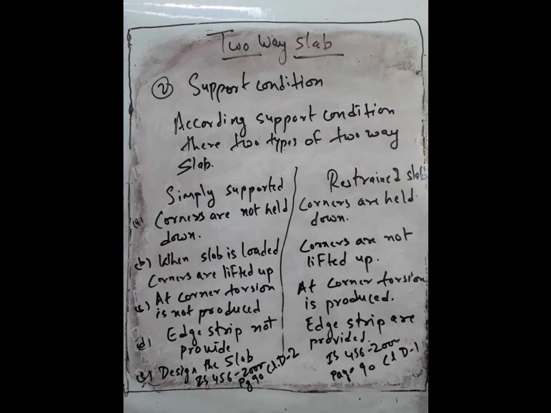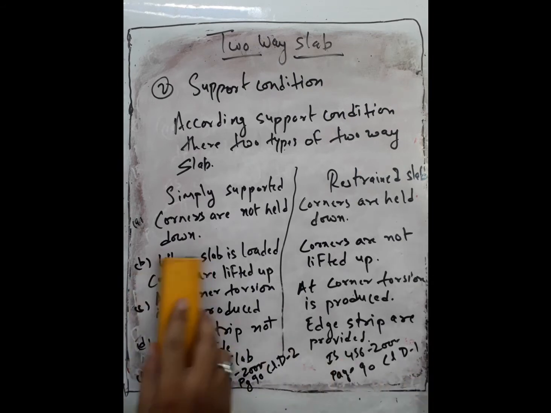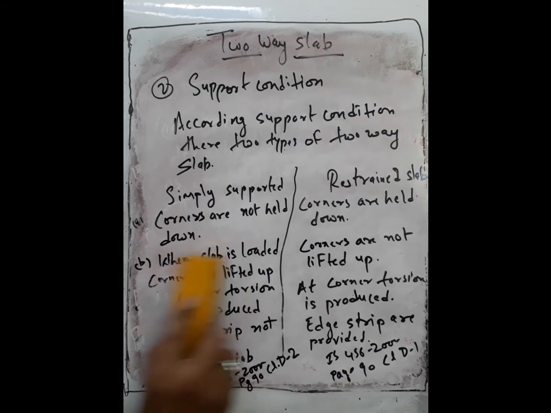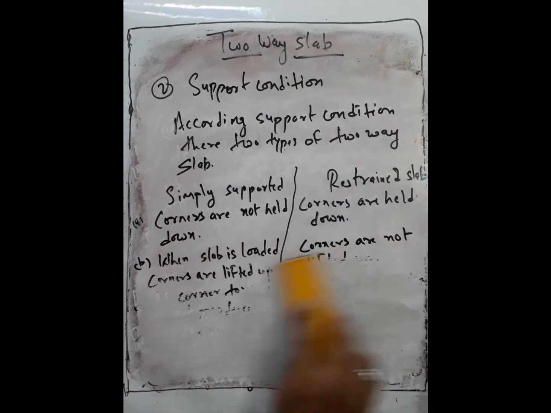Okay, so these are some differences between simply supported and restrained slab. In two-way slab, we have two support conditions, and these are the differences between them. Now third is the two-way simply supported slab, which is also known as corners are not held down slab. Now we discuss the two-way simply supported slab.